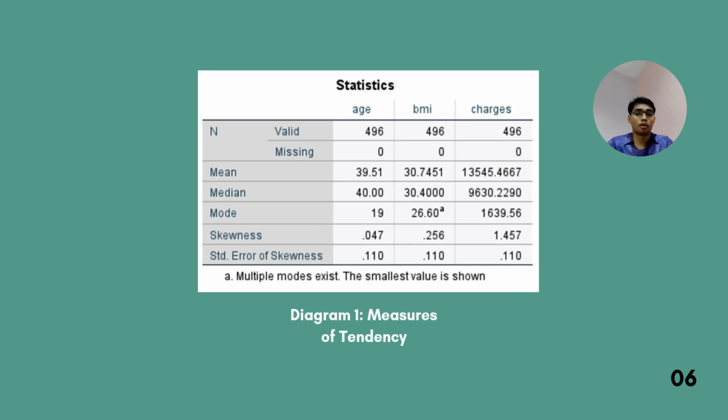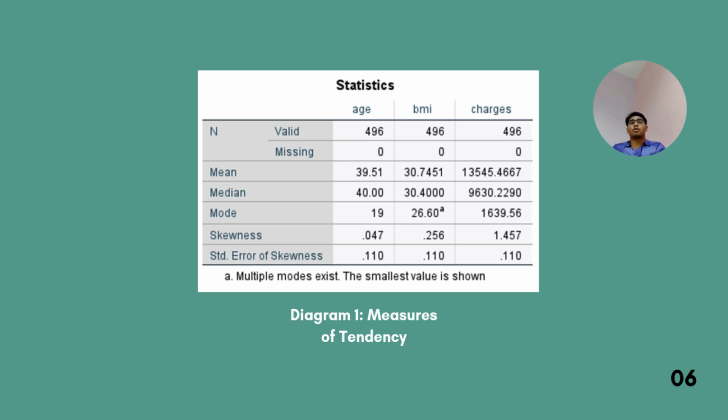So that is about medical insurance charges. The mean is 13,545 ringgit 47 cent, the median is 9,630 ringgit 23 cent, and the mode is 1,639 ringgit 56 cent.